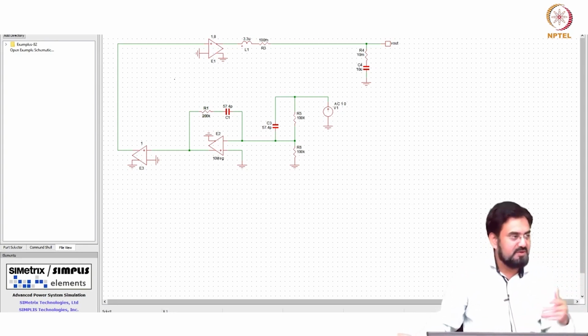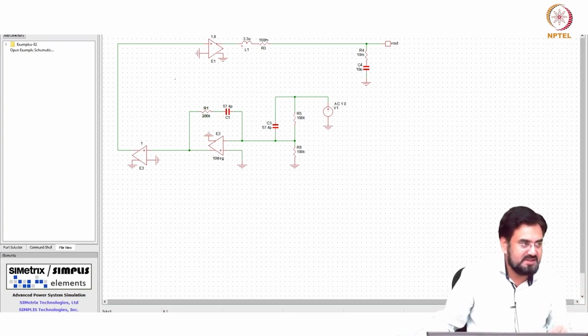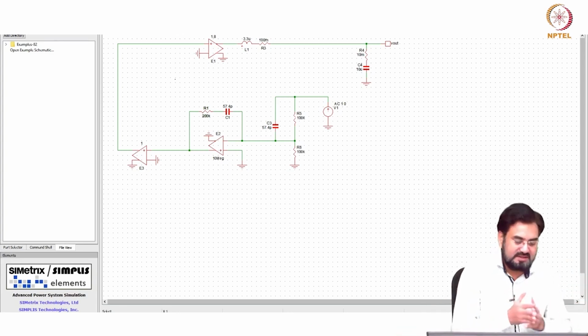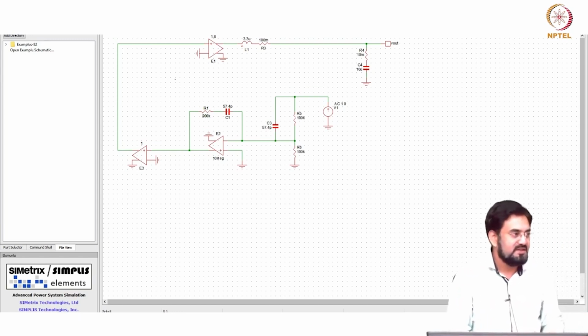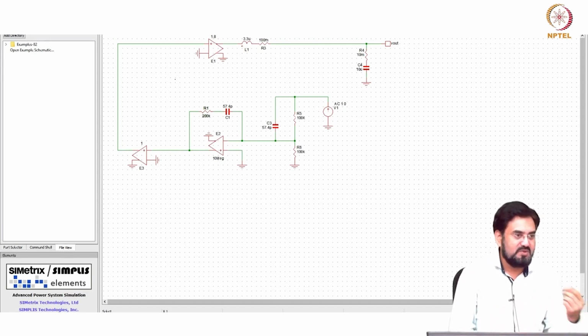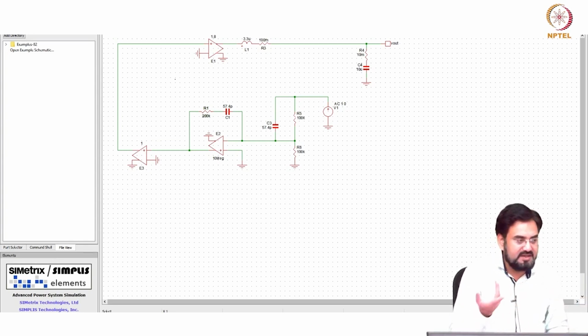So don't worry about that. You may be 10%, 15% off, but it will be very close to that, and that's the whole purpose of doing hand calculation, that when you simulate in just one iteration you should be able to get the correct answer. So then after that you will know what needs to be changed in order to get the exact same value.